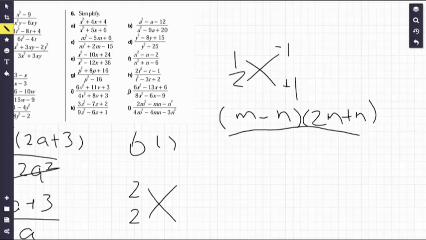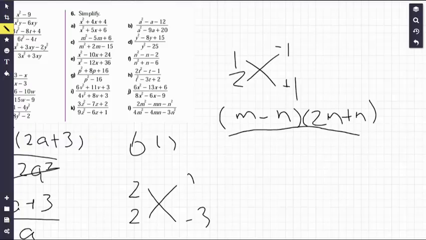Let's see. 1 and negative 3. So plus 1 and minus 3. Simplify that. That works. So we have plus 4 plus 2 minus 6.